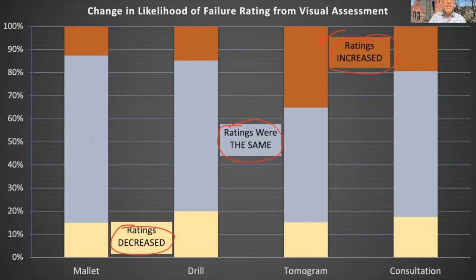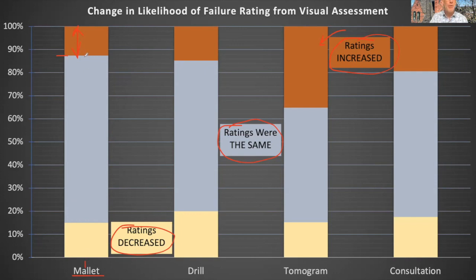Each of these columns on the graph represents each of the subsequent techniques. So after the initial visual assessment likelihood of failure rating, then sound the tree with a mallet. Did you change your rating? 14% or so increased the rating from the initial visual assessment after using the mallet.